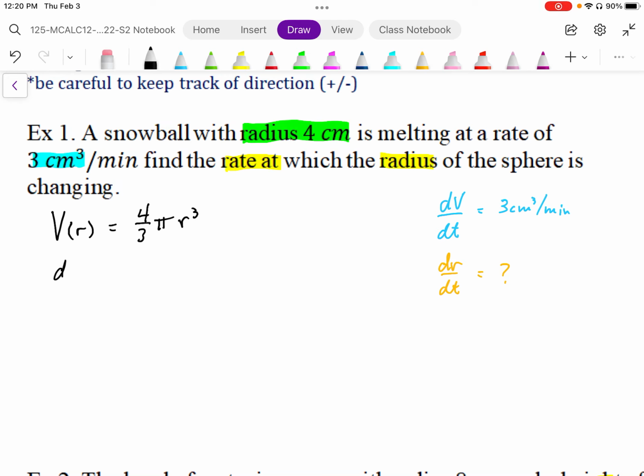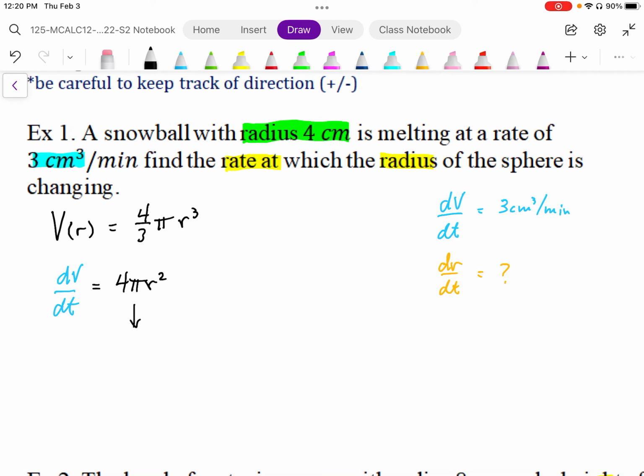So when I do that, I'm going to go dV by dt. Well, if I differentiate this expression with respect to r, I'm going to end up with, just color code this here, so this is dV by dt. I can differentiate the V of r expression to get 4 pi r squared.